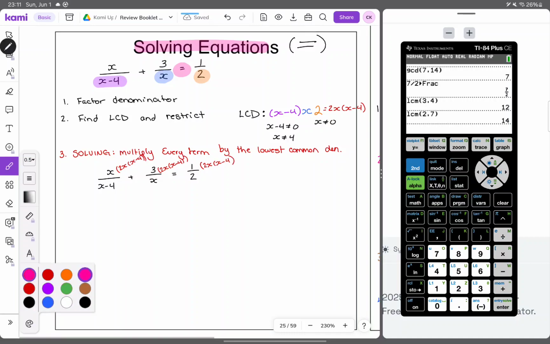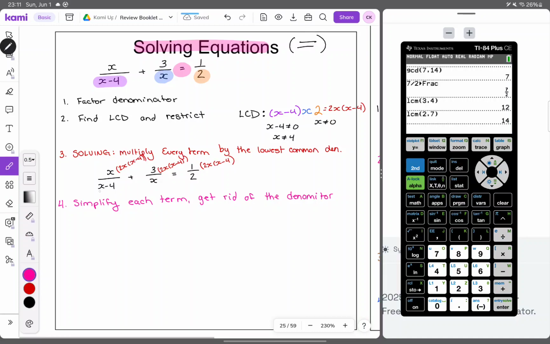And from here, we're going to simplify each term. Basically, this is going to help us get rid of the denominator. So after this step, you should no longer have fractions.